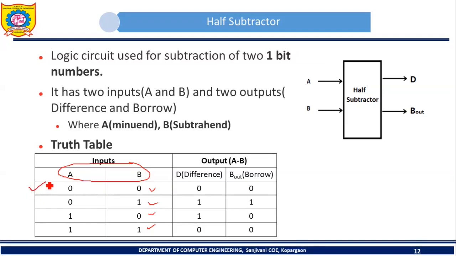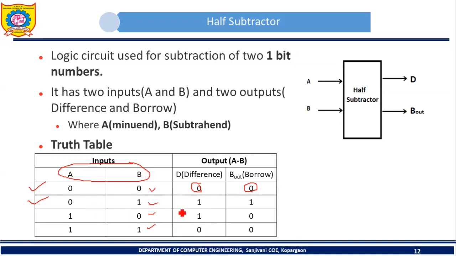So consider first row. In first row A and B are 0, 0. So what operation will be performed by half subtractor? A minus B. So 0 minus 0, difference will be 0 and borrow will also be 0. Now consider next row. So 0 minus 1, we are subtracting larger number from smaller number.